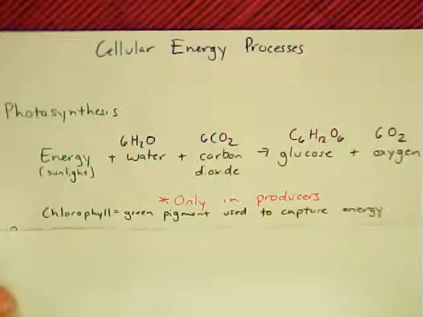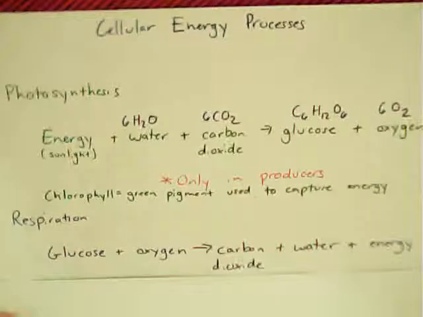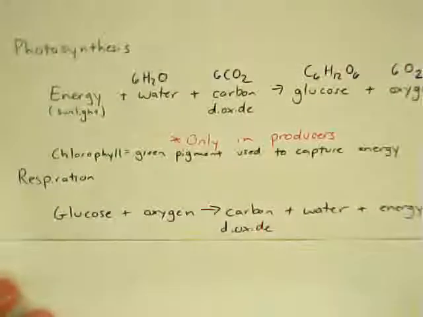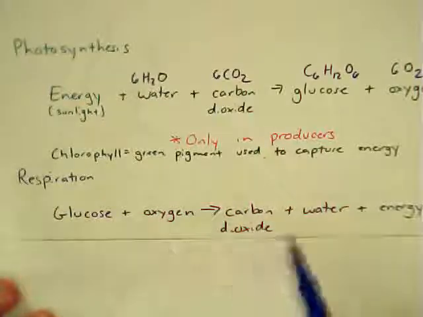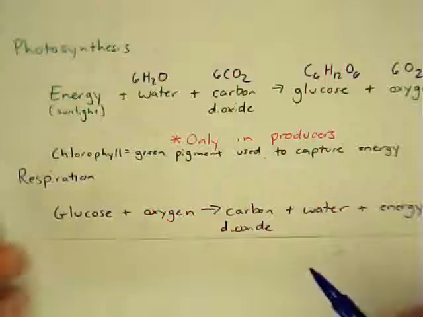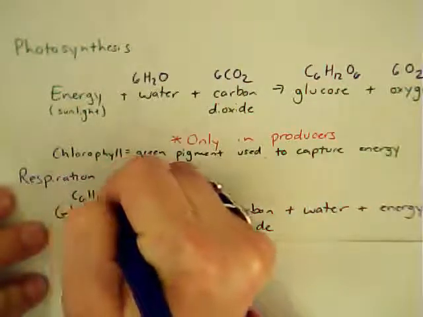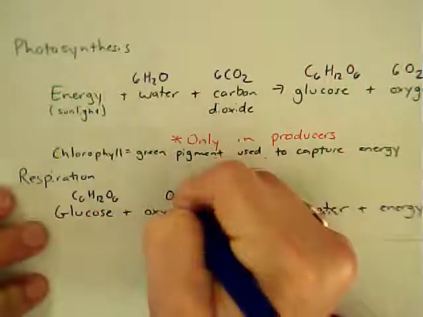So there we go. Next we have respiration. Respiration is when we consume glucose and oxygen, and we are making carbon dioxide, water, and energy. And again, we can write out the chemical equation. C6H12O6 plus O2.